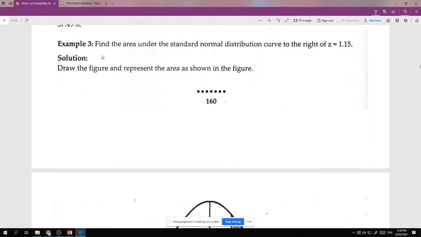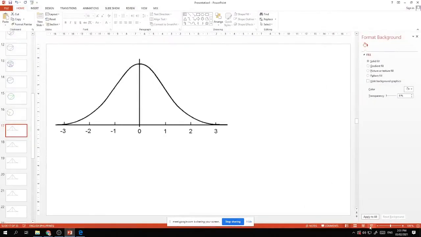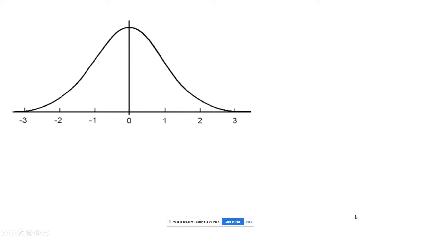Look at example number 3. The question is, find the area under the standard normal distribution curve to the right of 1.15. So, the first thing to do is locate 1.15.